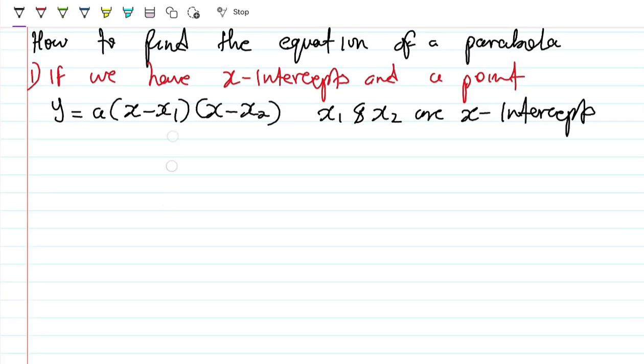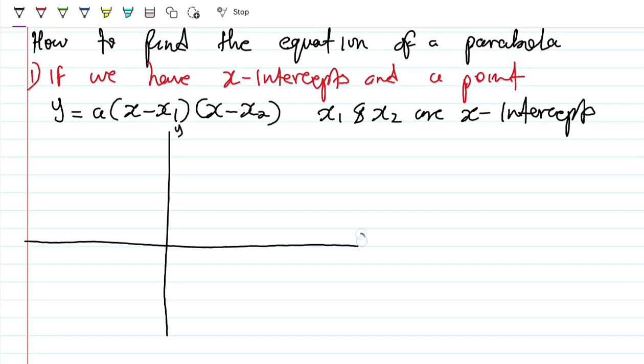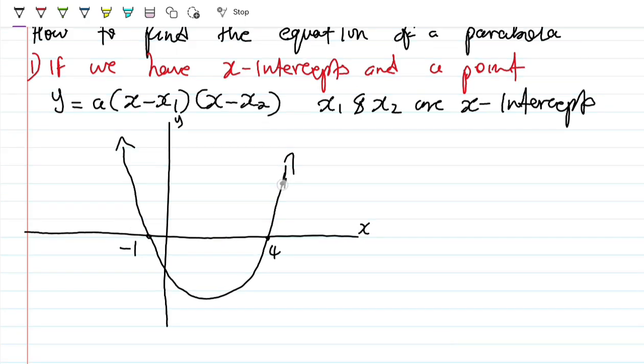So let's try to do this question together. Let's say we are given this graph which has x-intercepts at -1 and at 4, and another point which is (5, 6). So we have x-intercepts with another point, which means to find the equation of this graph, we need to use this formula.